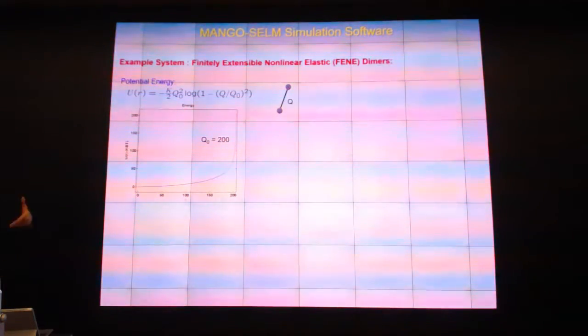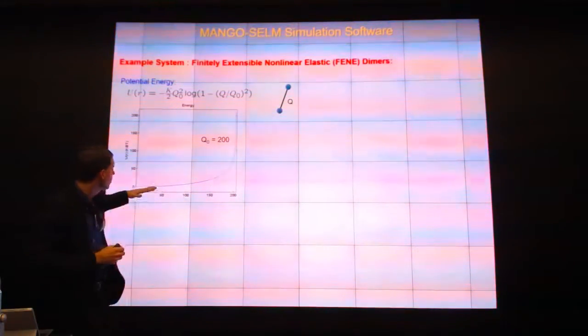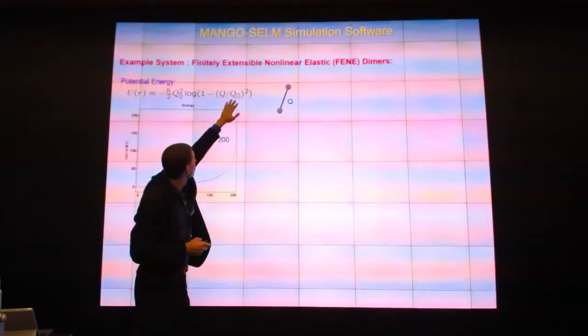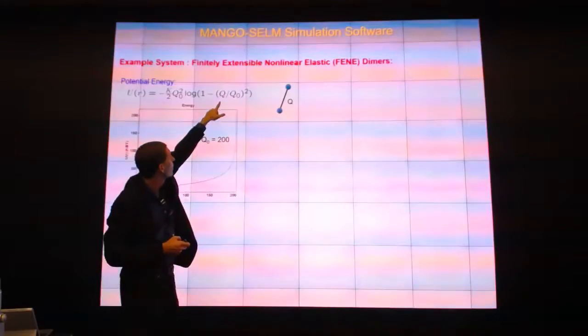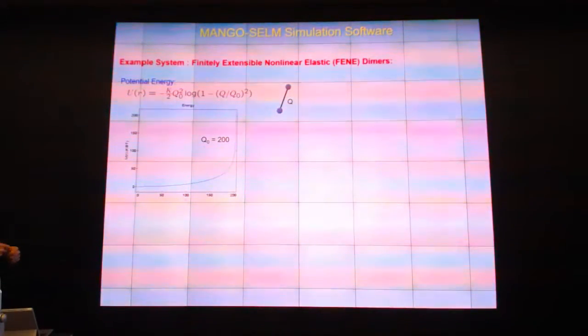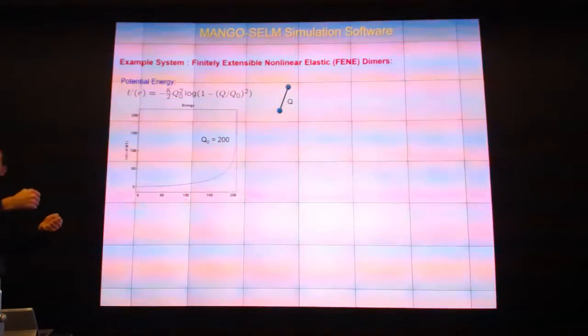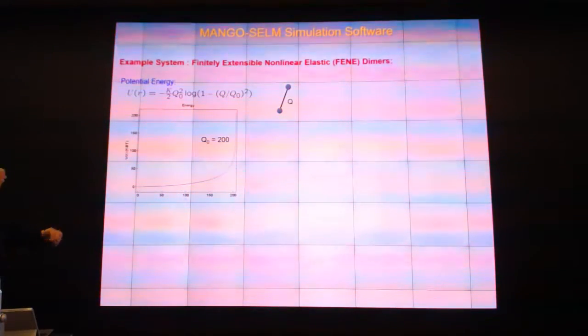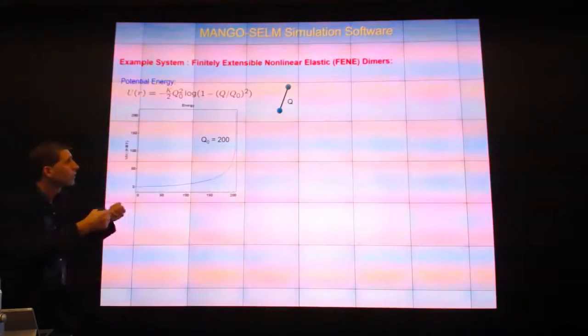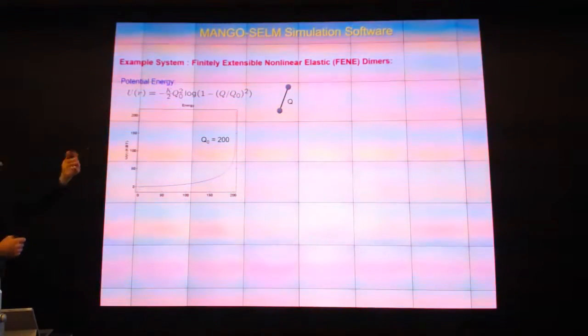With this FENE bond, we use a logarithm of the displacement Q over Q naught, and you can see what's going to happen here. As I approach the extension Q naught, this potential is going to diverge. In some sense, the spring is going to get stiffer and stiffer as I approach that critical extension. So there's no way with finite energy to extend this spring beyond that finite distance Q naught.